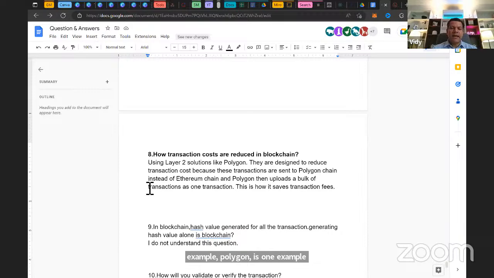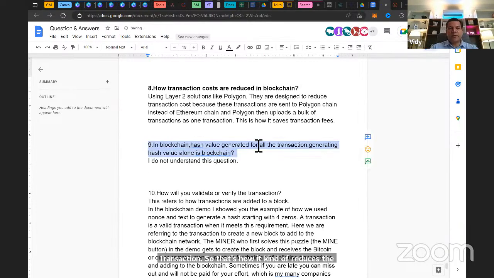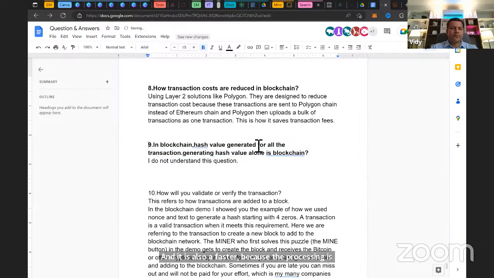They are designed to reduce transaction costs, because instead of sending one transaction to Ethereum and paying the Ethereum fee, you send a transaction to Polygon. Polygon collects a lot of transactions, generates a hash from them, and puts that as one transaction on Ethereum rather than all the 100 transactions. So that's how it reduces the transaction fee. And it is also faster because the processing is much faster there.